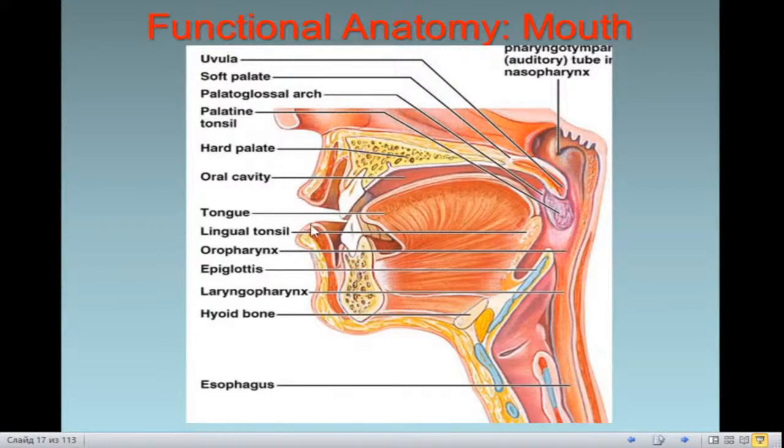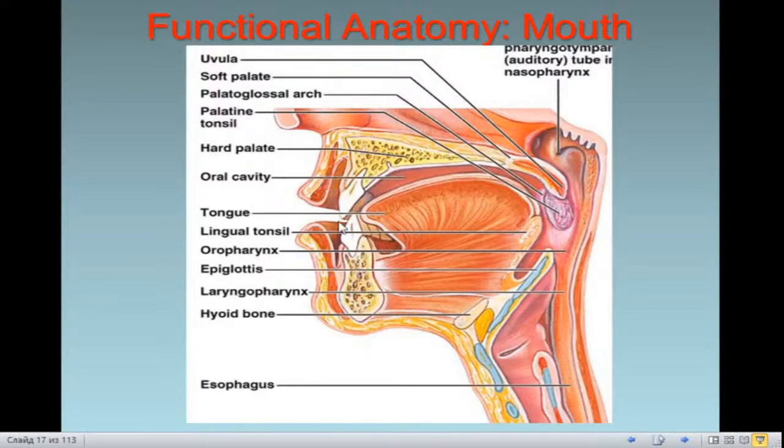Lips are surrounding this oral slit, and the upper lip and the lower lip are connected by labial commissures in the angle, having the groove that is called philtrum on the top, and that is having the small upper lip tubercle.